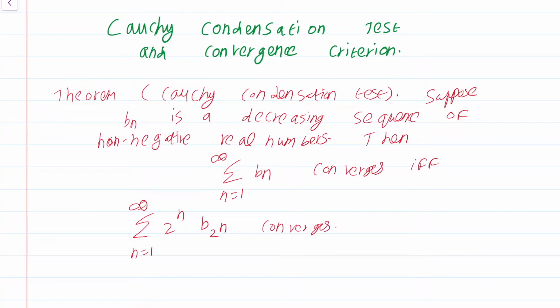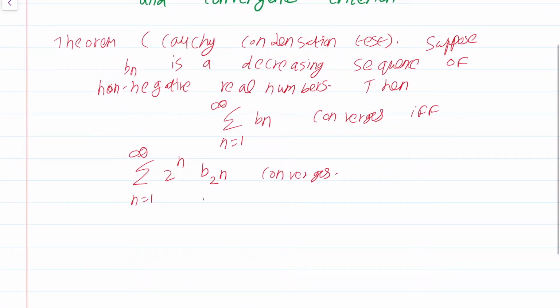right? So this can be written as b1, oh just a moment, this is actually n equals 0 to infinity. The reason is that 2 power 0 is 1. So this is b1 plus 2 b2 plus 4 b4 plus dot dot dot.